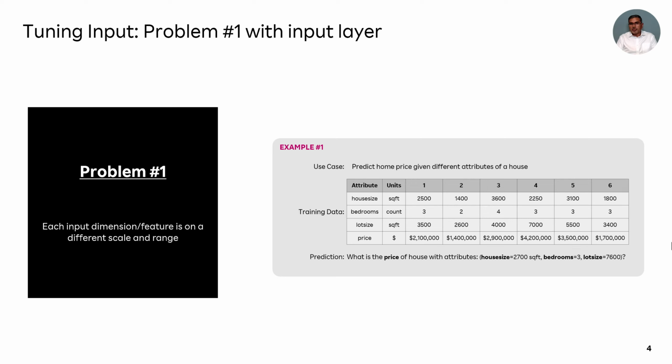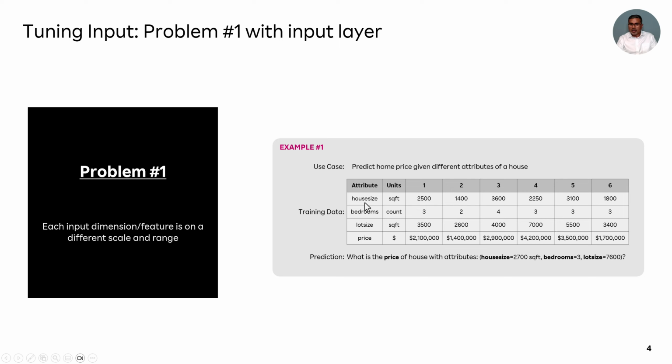So here we are trying to predict the price of a house given different attributes of the house, like the house size in square foot, the number of bedrooms, and the lot size. And as you can see here, the price of the house is measured in, let's say, millions of dollars, right? It's about a seven-figure number.